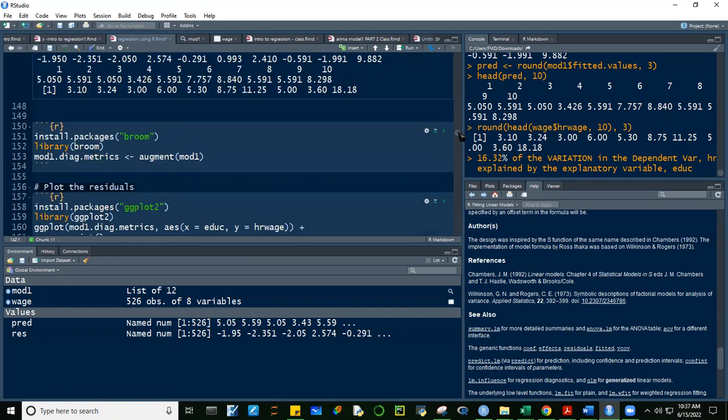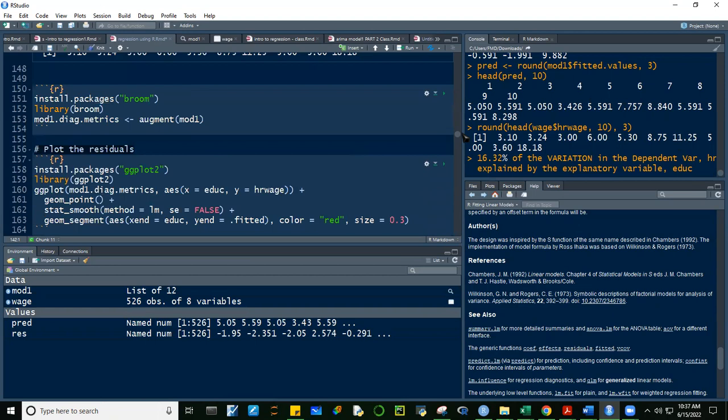And then what we can do is, okay. So there's this package, yung Broom package. Pretty powerful package.